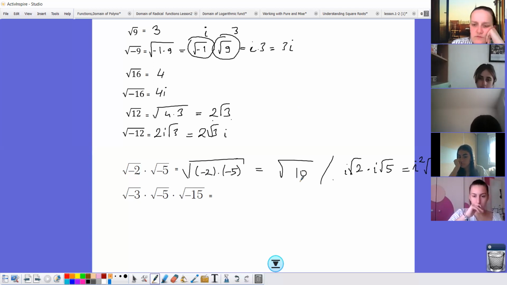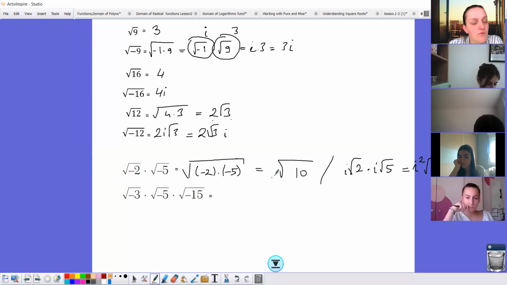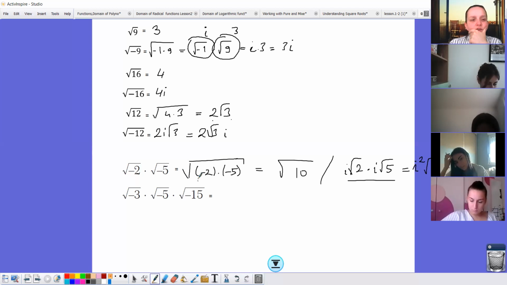Why here did it become like this? Okay, I will think about it later. Now I cannot get what our mistake is. This part is clearer, but also this one doesn't seem to have a mistake. Yes, minus 2 times minus 5 is 10, but here we found minus 10. Okay, I will check it later.